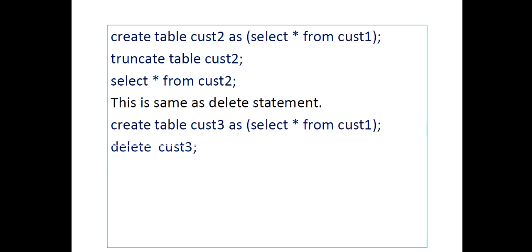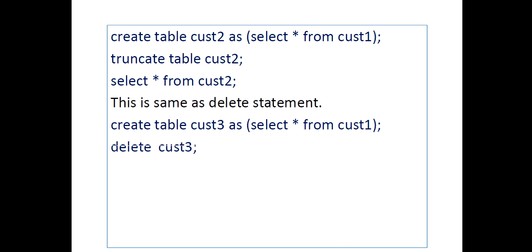Now apply delete, that is, delete cast3. Observe the two outputs, and you have to tell me what differences or similarities you have found through this experiment for truncate and delete.